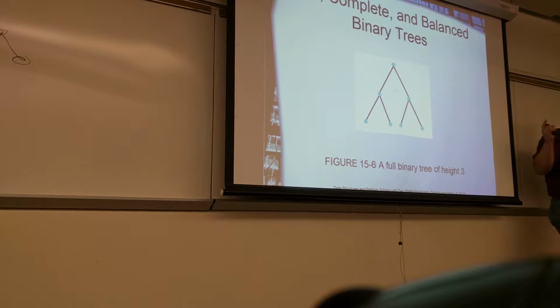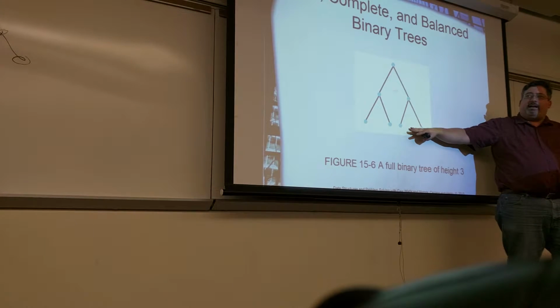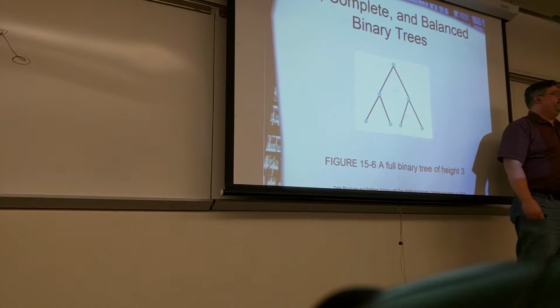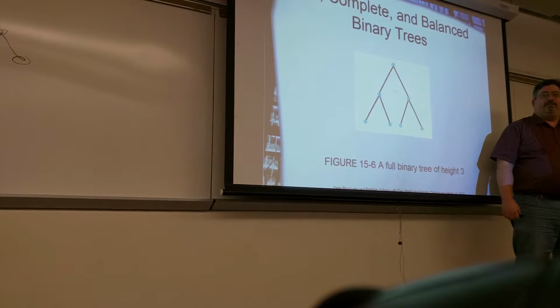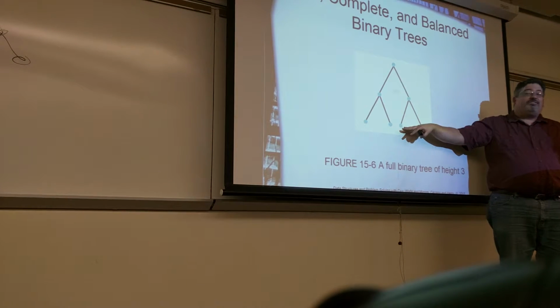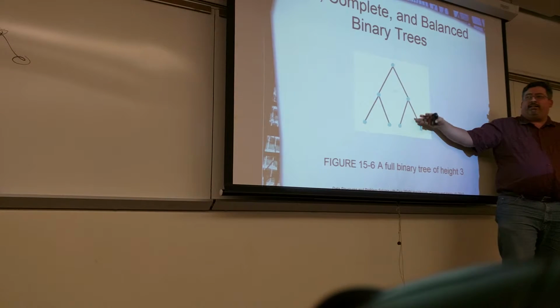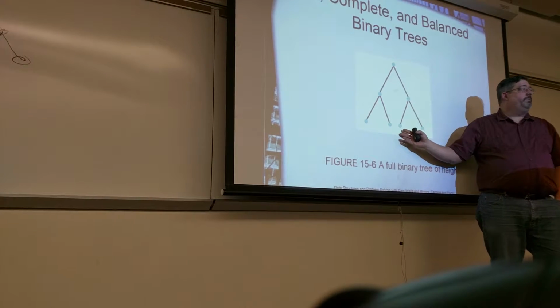It's pretty intuitive when you look at this and I say, all right, where could I add another node without increasing the height of this tree? Nowhere, right? So I can't add another node anywhere. This tree is full. In order to add anything, I'd have to increase the height. Okay?